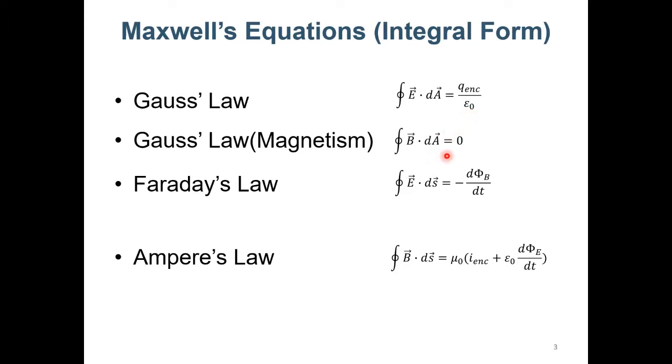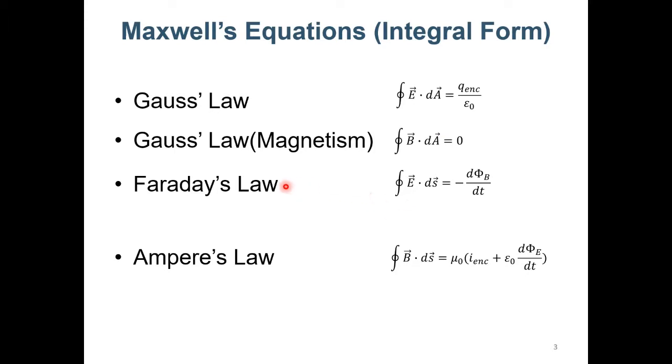And we know that we don't have a magnetic monopole, so a closed surface encloses a net magnetic charge of 0, because a magnetic dipole has both north pole and south pole, so they will always cancel each other.